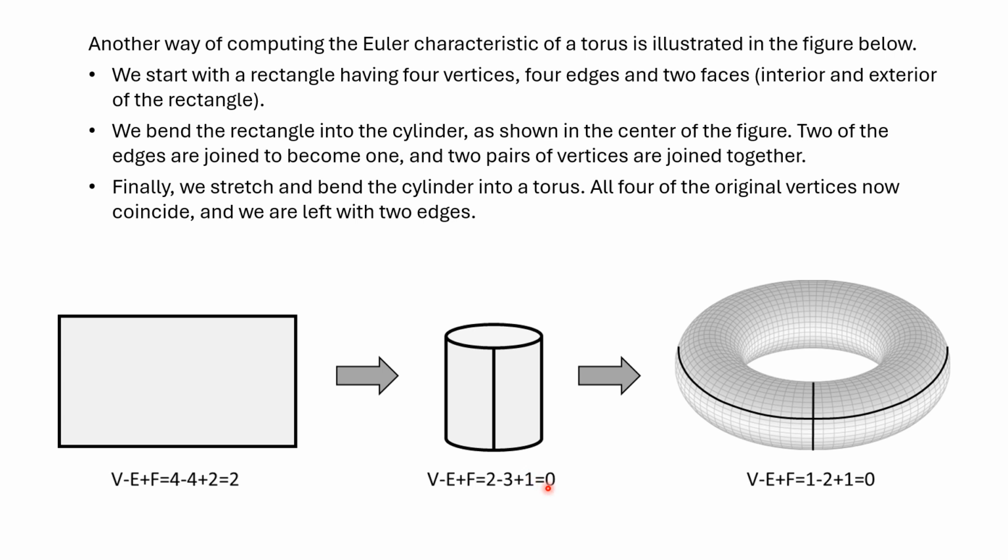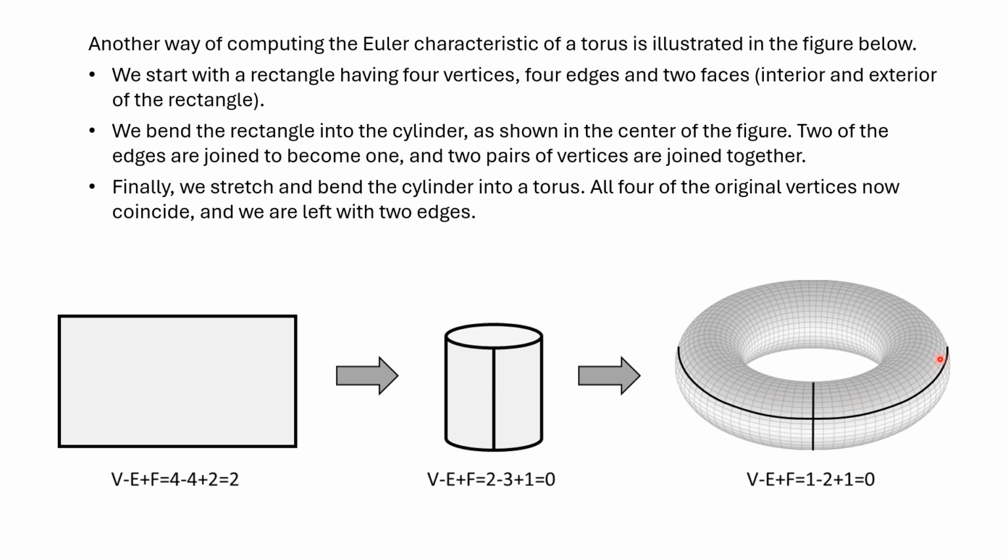So we get 0 here, and then if we think of this being stretched and then joining the top to the bottom, we get this shape here. We get a torus, and recall we can bend and stretch things in topology, and they're equivalent. So this is equivalent to this, is equivalent to this.